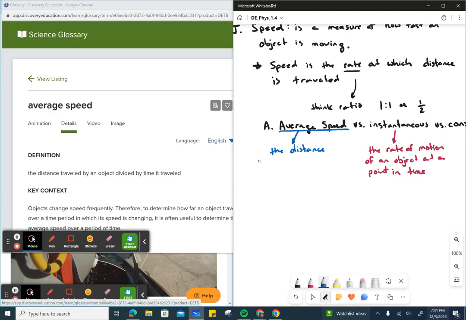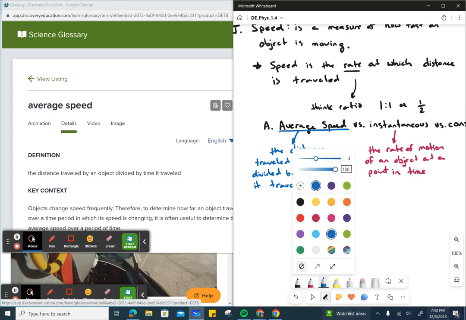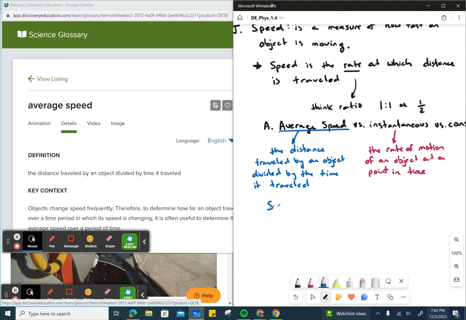The distance traveled by an object divided by the time it traveled. Okay. And that almost looks like we could set that up as a formula right there. The speed is the distance divided by the time.